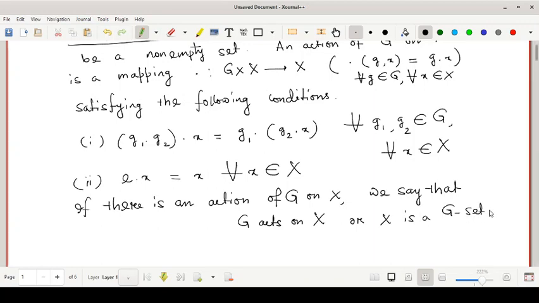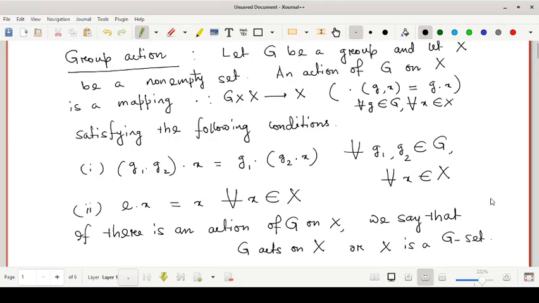Let us try to understand this definition clearly. For an action you require a group and a non-empty set. The group is denoted by capital G and the set is denoted by capital X. Then the action of G on the non-empty set X is actually a function.